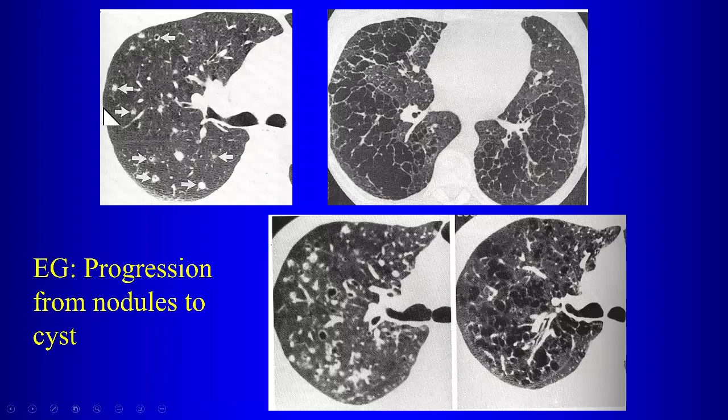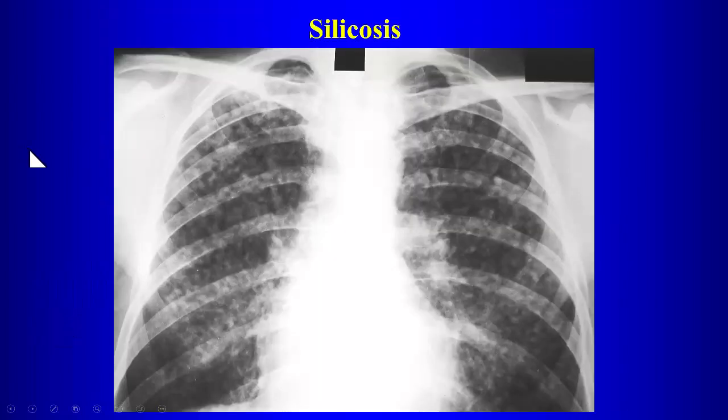But as it progresses, it can start out as nodular, then you get cavitation within the nodules, and the nodules then transition and form these cysts, and then the cysts can coalesce to form bullous disease in the later stages of LCH. So cysts and nodules, that's what we look for on CT when we're thinking about LCH. The Cheerio sign, right, is associated with LCH.